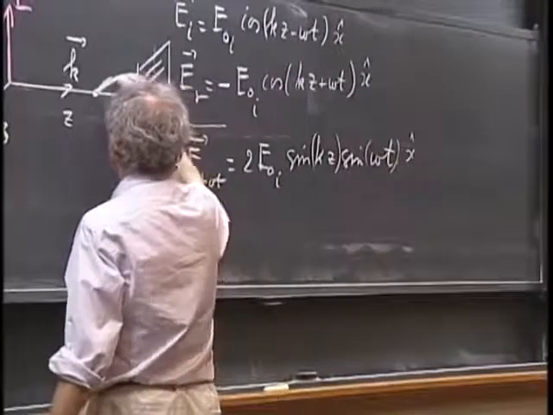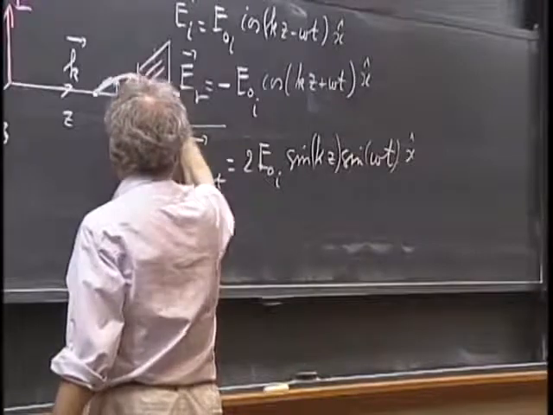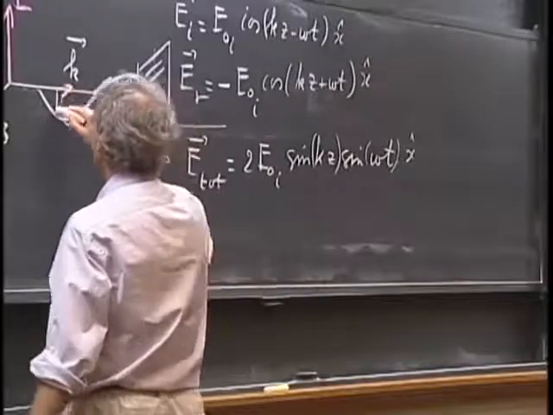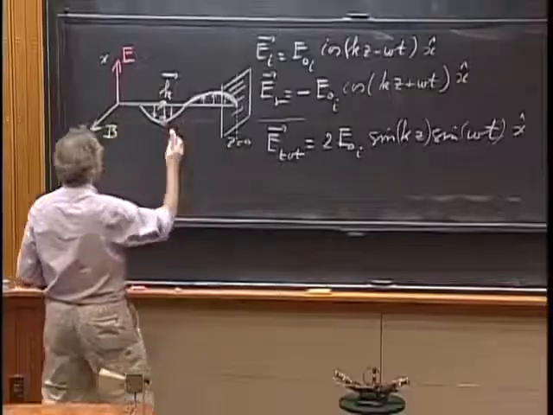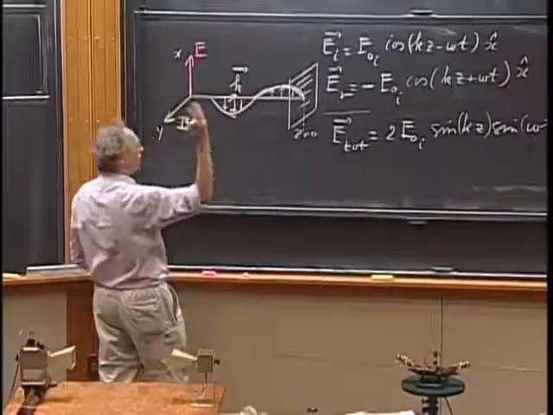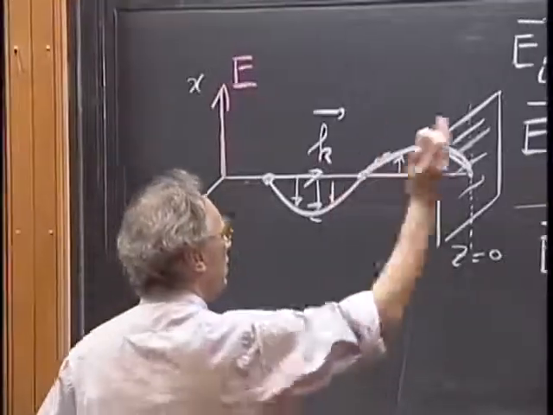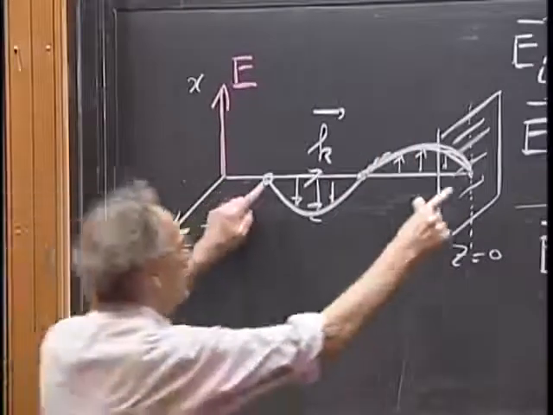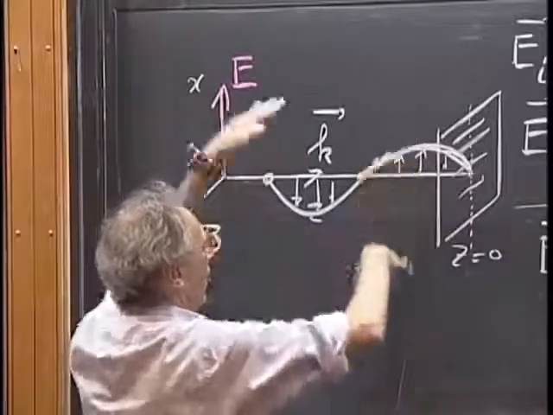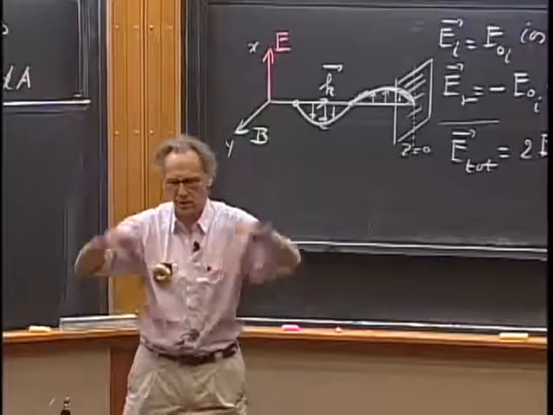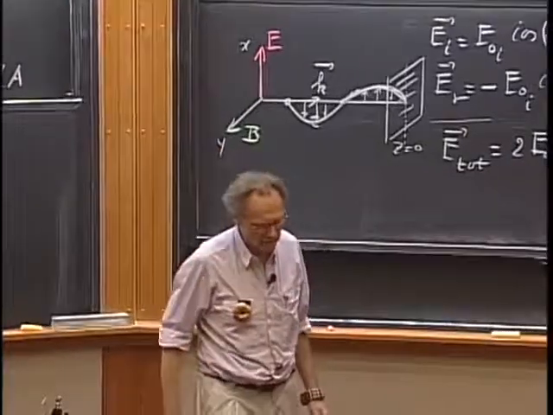It's a sinusoidal curve, so the E vector may be up here, and then the E vector would be down here. But it's all the same in the plane perpendicular to the blackboard. So this is a nodal surface, this is a nodal surface, this is a nodal surface, this is the wavelength, and the E vectors go like this. Nothing is moving anymore in this direction, it goes like this. Standing wave.